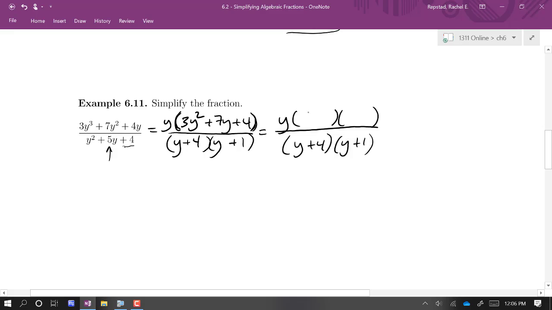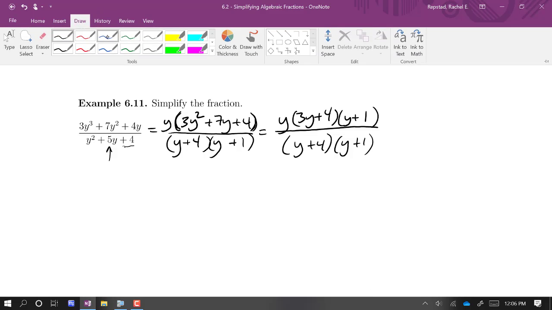So to get 3y squared, we'll need a 3y and a y. To get a plus 4, notice it's a plus 7y in the middle, so I think we'll need a plus and a plus. And then we need to get a plus 7y, so I think 3y plus 4 and y plus 1 will work.